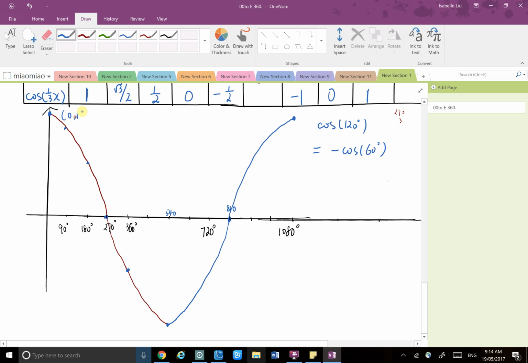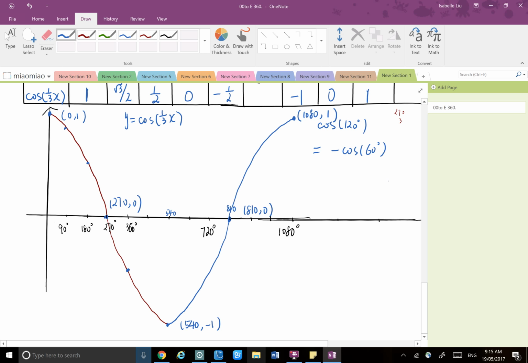So the points I'll label are 0, 1; 270, 0; 540, -1; 810, 0; and the last one is 1080, 1. That is y equals cosine a third x.